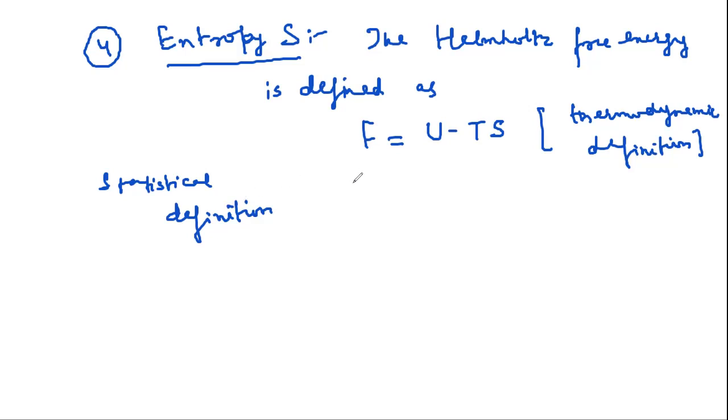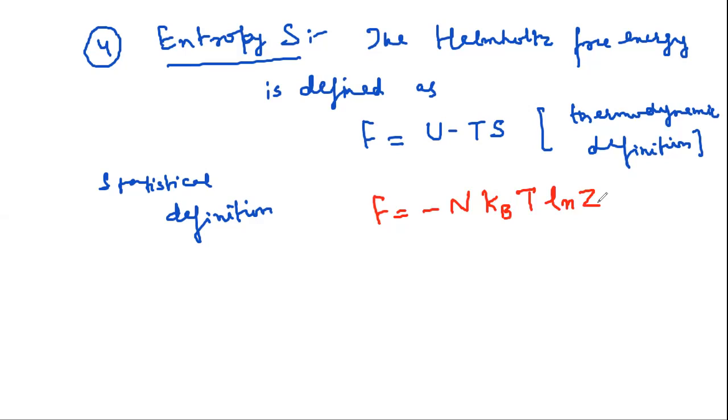It turns out to be minus N kb T ln Z. This is the statistical definition of Helmholtz free energy.